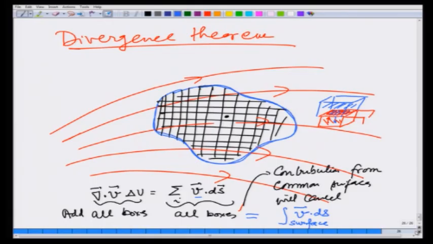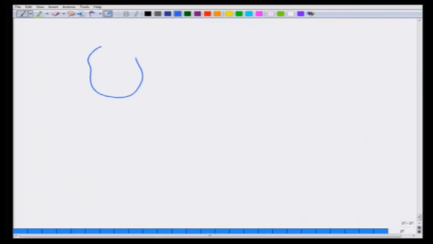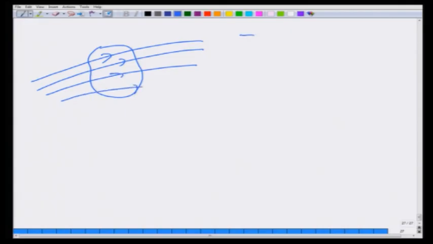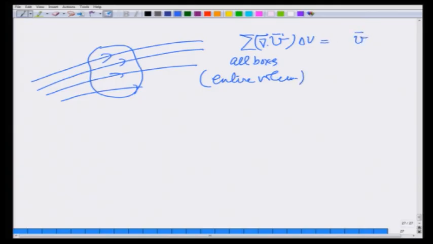What it says is that given a large volume, and vector field through this, I did this summation of divergence of V delta V over all boxes, and that means entire volume, is going to be equal to V dot ds over the outside surface, where ds is all pointing perpendicular, pointing away from the surface.